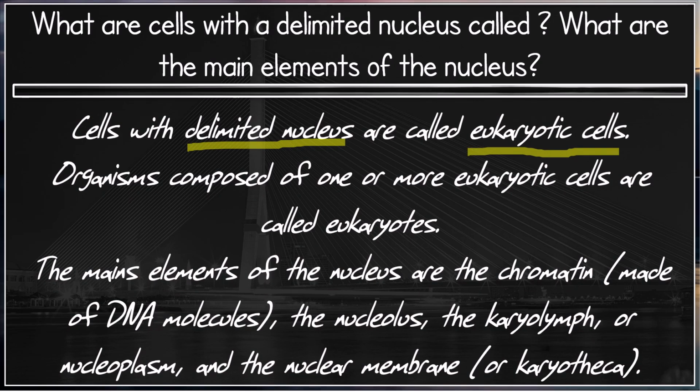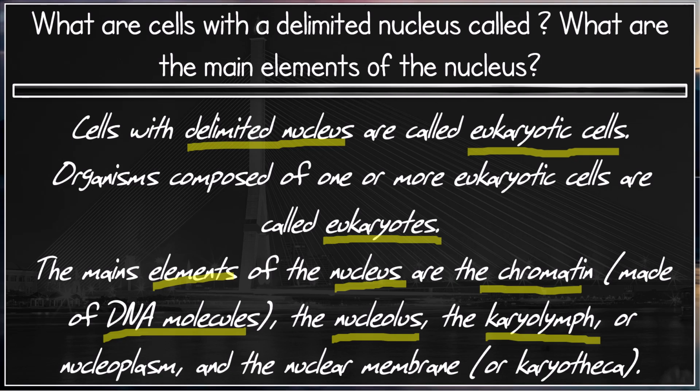Organisms composed of one or more eukaryotic cells are called eukaryotes. The main elements of the nucleus are the chromatin, made of DNA molecules, the nucleolus, the karyolymph or nucleoplasm, and the nuclear membrane, or what we call the karyotheca.